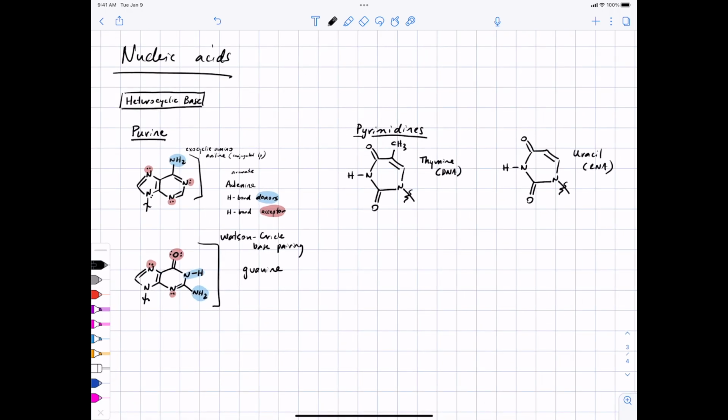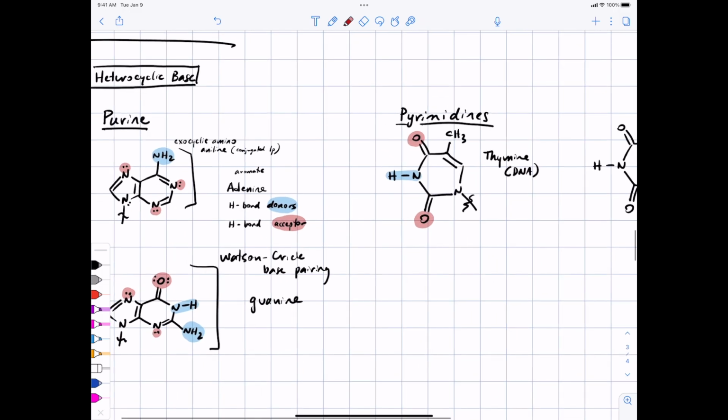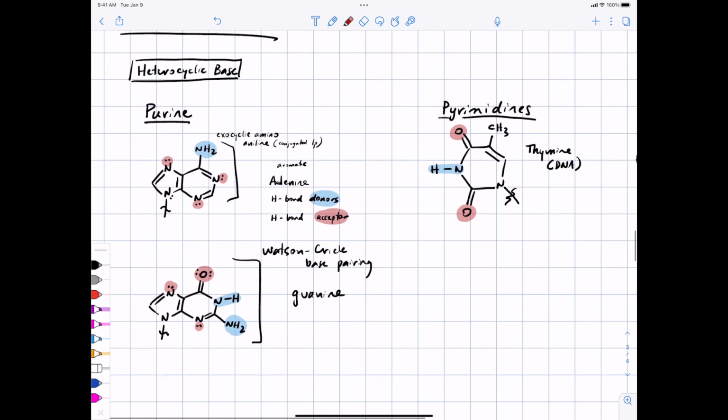The pattern of hydrogen bond donating versus accepting groups for thymine is you have a donor here, and you have an acceptor here and an acceptor there. And maybe if I rearrange some things.